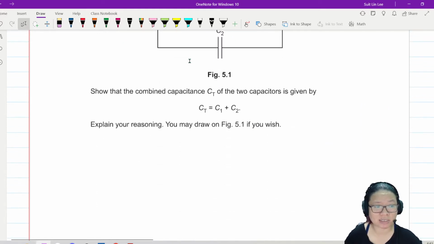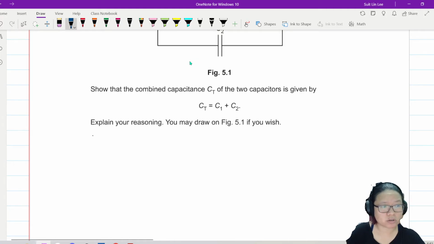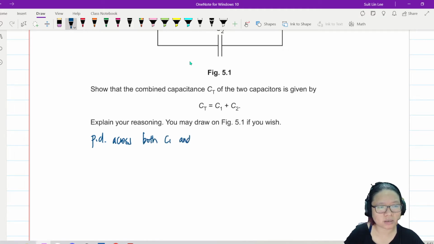Write it down in the sentence now. So potential difference across both C1 and C2 is equal to the e.m.f of the battery. So then V1 equal V2 equal E.